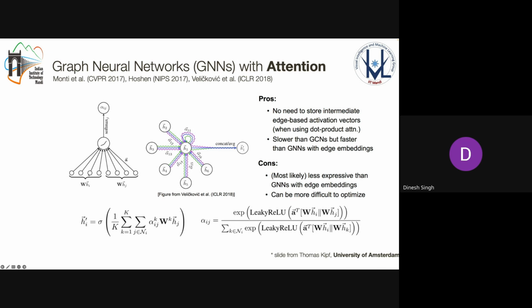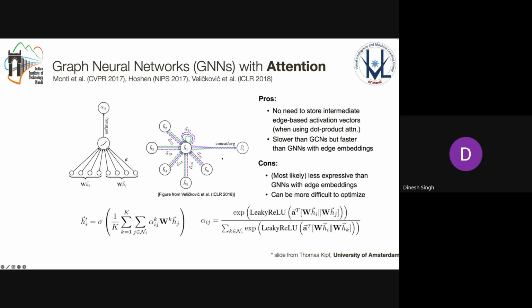Whatever the features we have for the two nodes, we jointly learn a softmax function over that, which gives us a probability distribution. When we are defining the node h1, all the neighbor embeddings are used, but finally how strong they are, how much they are aligned with h1, or how much they have the same nature as h1, based on that, the probabilities of all those connections are defined.